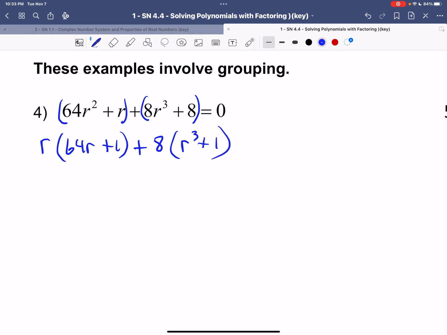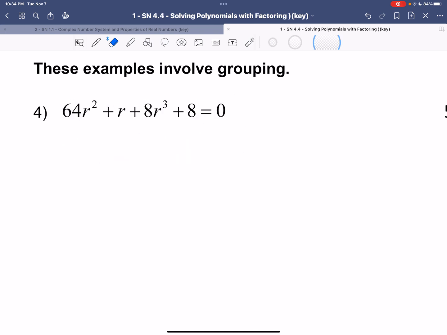So I can't solve this because remember, the next step of grouping would be that these two would have to be the same, and they're not. So what do we do? Well, we rearrange these. If this is going to work, it will always work if you rearrange with your exponents in least to greatest order.